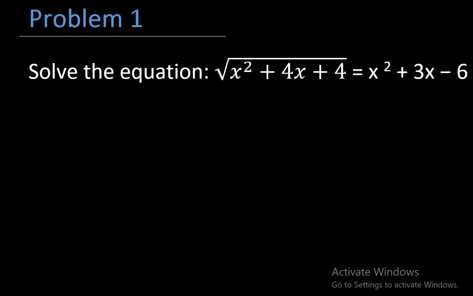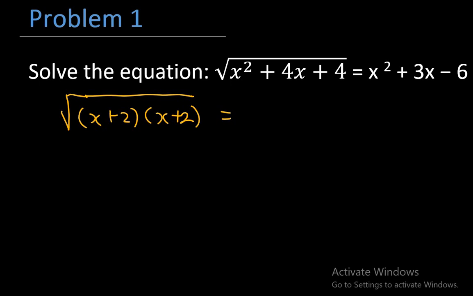We're solving the equation on the screen. Looking at the left hand side, you should be able to tell that it is a perfect square, which can be expressed as x plus 2 into x plus 2. When you open this up, that is exactly what you're going to get.